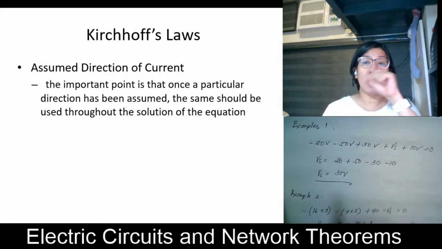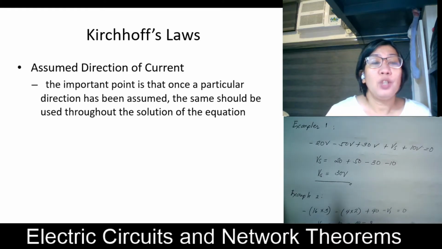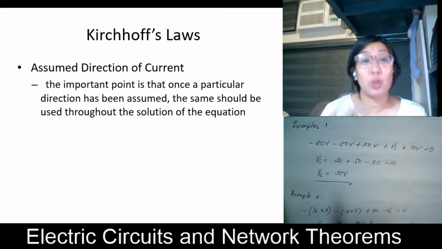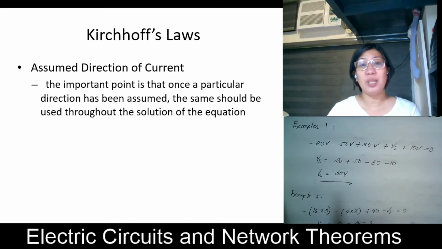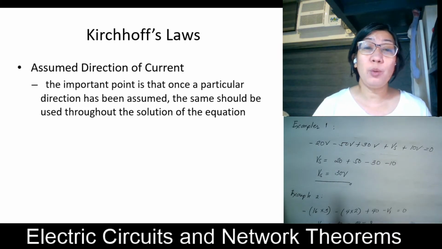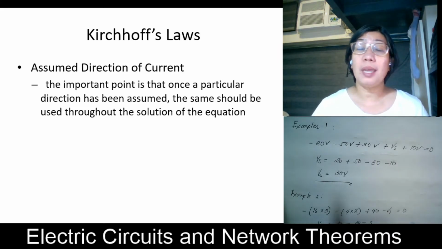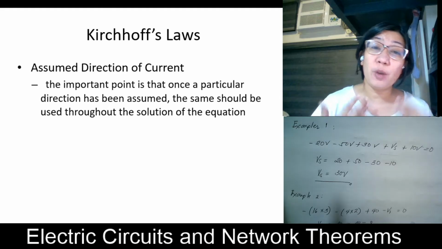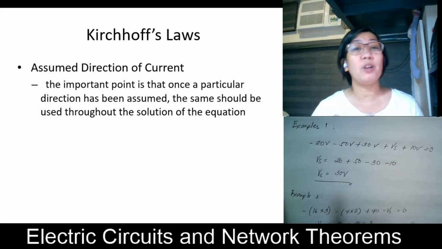So how about the assumed direction of current? The important point is that the initial assumption is safe. It's up to you. If it is wrong, all you can get is a negative answer. So if you get a negative answer, that means we have a wrong assumption.